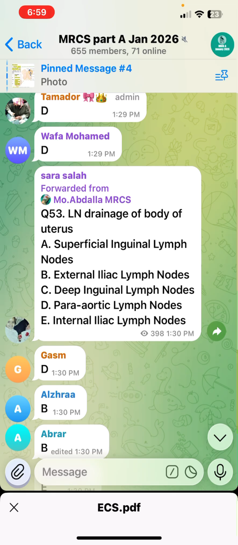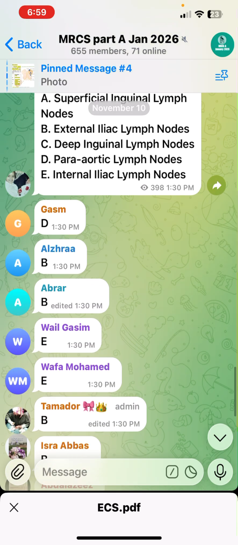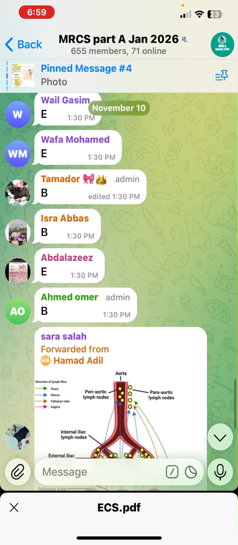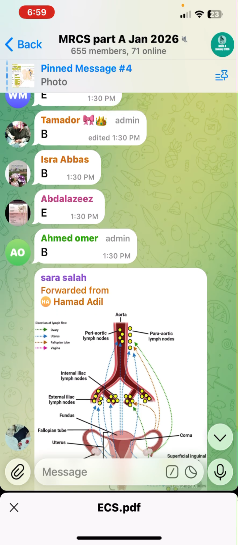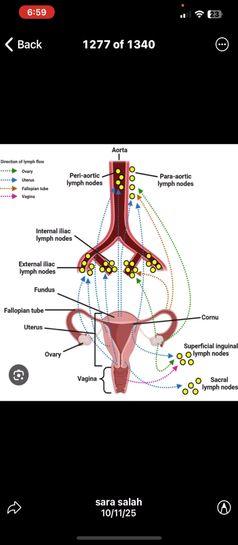Oh my God, external iliac. Which is the internal iliac actually? Again, now people are confusing with this. See, this is the body of uterus, external iliac or internal iliac.